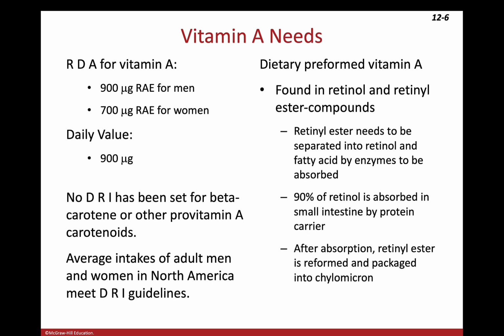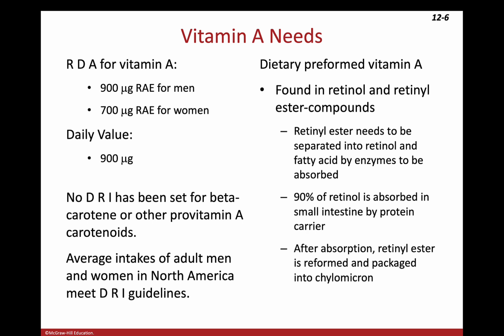The daily value is 900 micrograms, and this is typically what we see on food panels. No DRI has been set for beta-carotene or any other provitamin A carotenoids. The average intake of men and women in North America typically meets the DRI guidelines. This is why we don't typically see it as something that is necessary on our food labels.